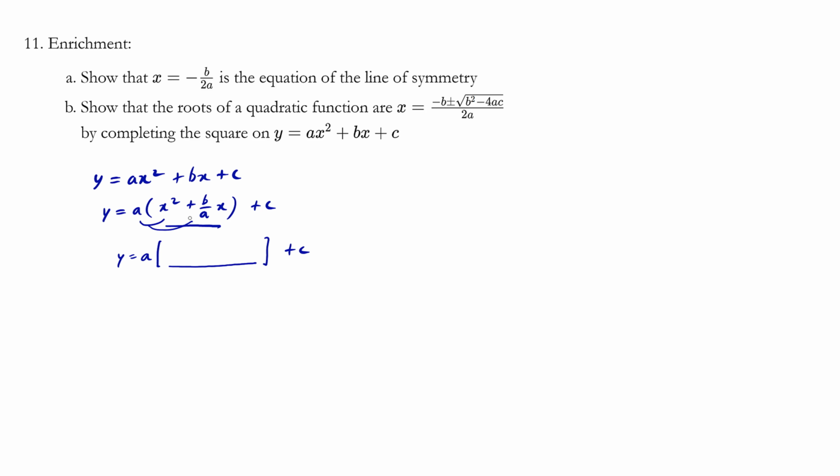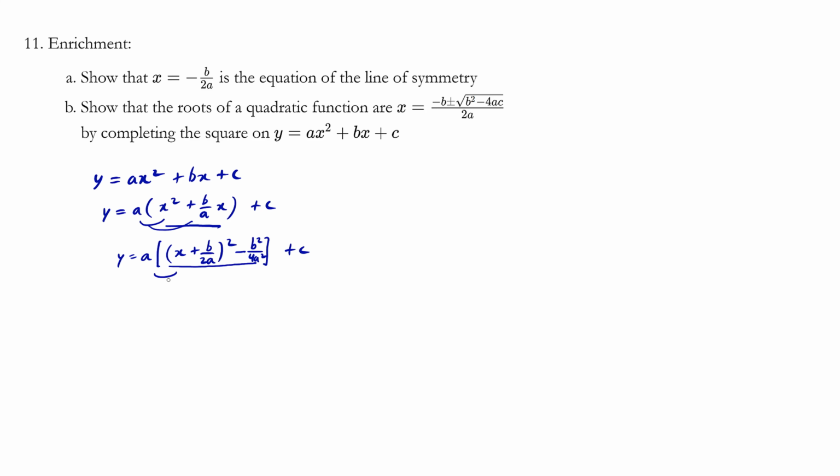We're really going to concentrate on completing the square here, something squared. It's going to be x plus b over 2a, because this is half of this coefficient. Your tummy's full. You're going to subtract this squared. b over 2a squared is b squared over 4a squared.